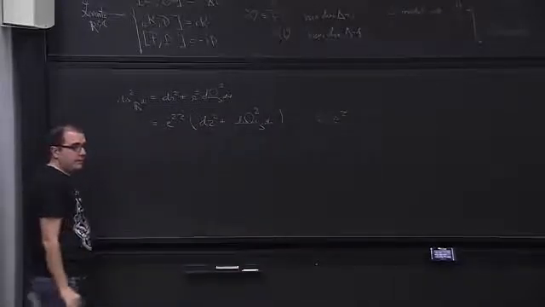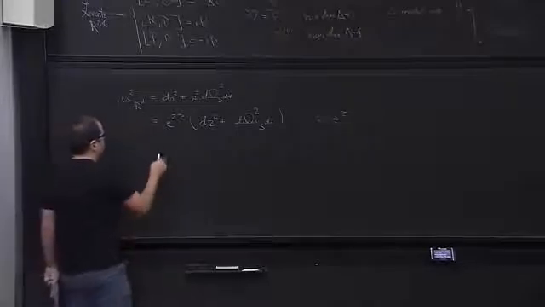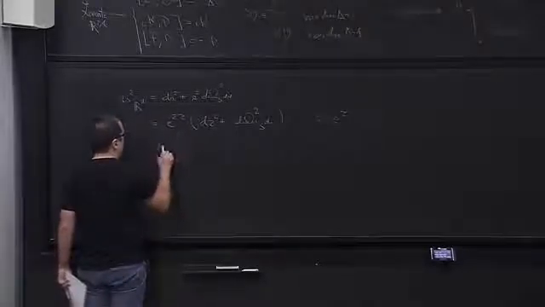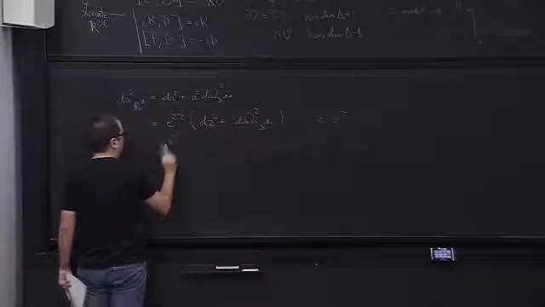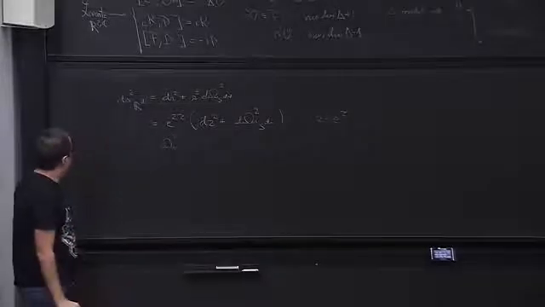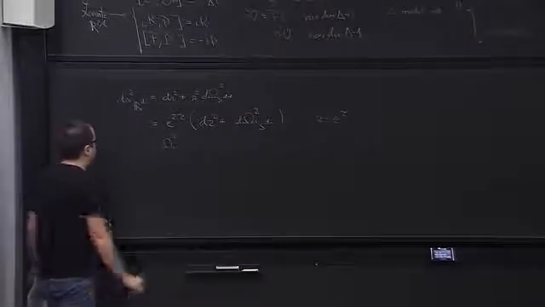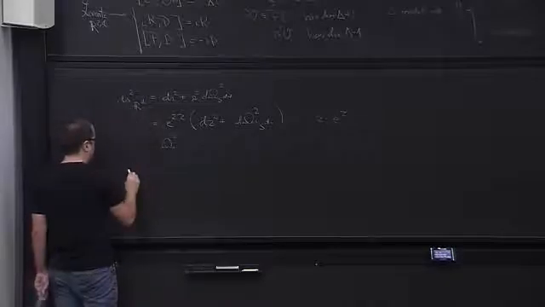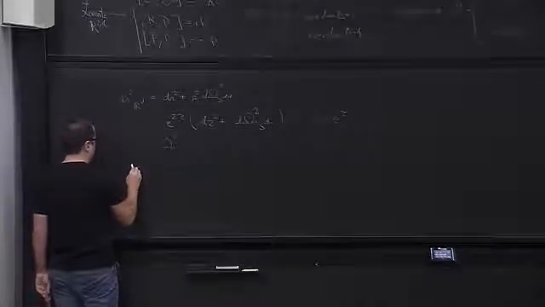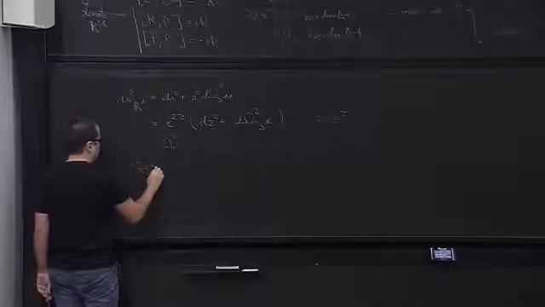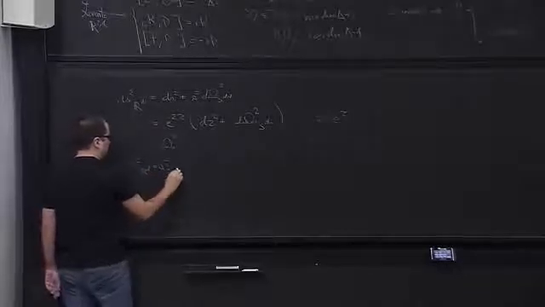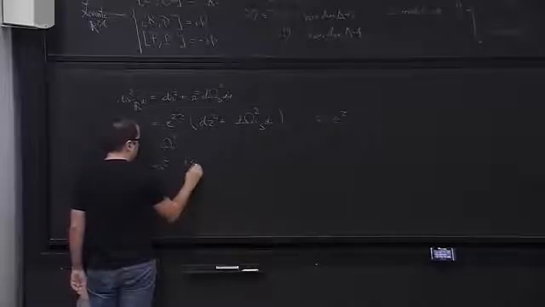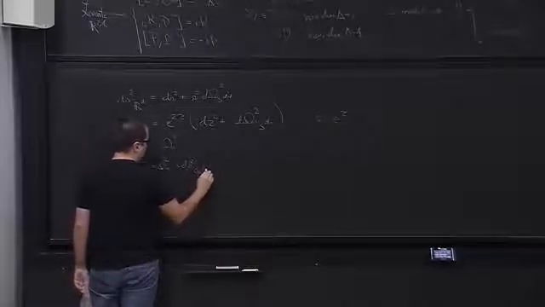Okay? So this is our omega squared, right? And what we have here is a relation. We're saying that the metric ds squared of flat space is equal to omega squared times ds squared of the cylinder.